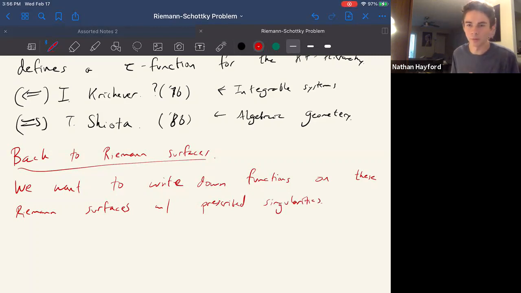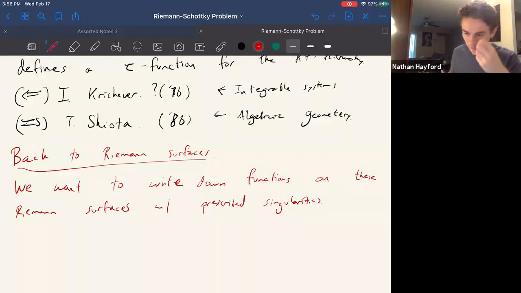So this is a typical problem. I have a manifold, and I want to write down a function with certain properties on it. Since it's like a complex analytic manifold, probably the thing I want to talk about is some sort of meromorphic function with prescribed zeros and prescribed poles. You can think of it as the analog of a rational function for right now.